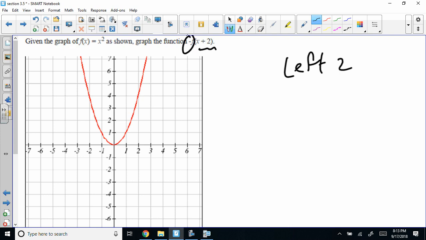Now, what does this negative do? It'd be a vertical flip, would it not? So instead of opening up, it's opening which way? Down. So it's going left 2, 1, 2, and now it's reflecting over the x-axis, right?